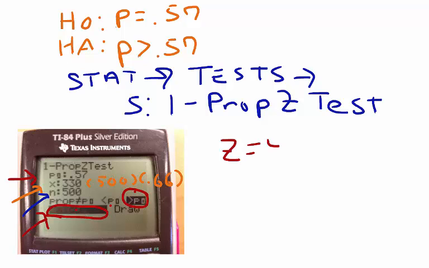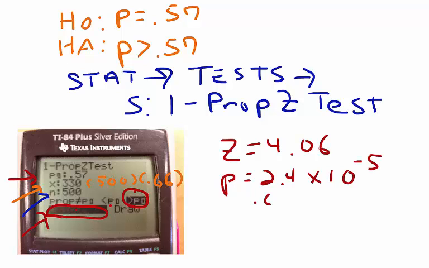Z is equal to 4.06, and our p-value is 2.4 times 10 to the negative 5. In other words, 0.00024 or 0.0024%.